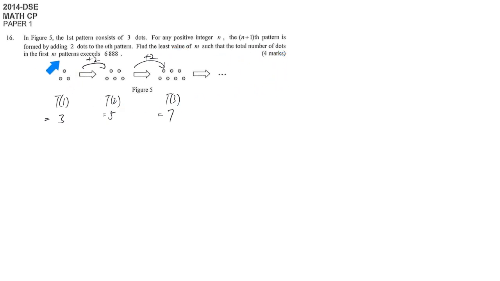Before we work on this, the key point is you have to realize what kind of sequence it is. You learn about AP and GP. Now here we are talking about adding the same number every time, so it is an AP. For an AP, you know that the nth term is equal to a plus (n minus 1) times the step.